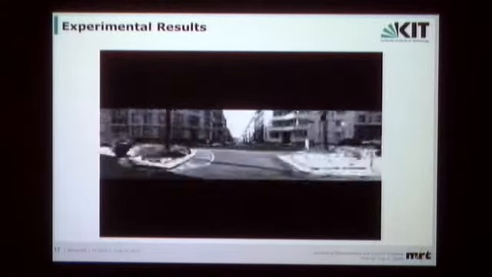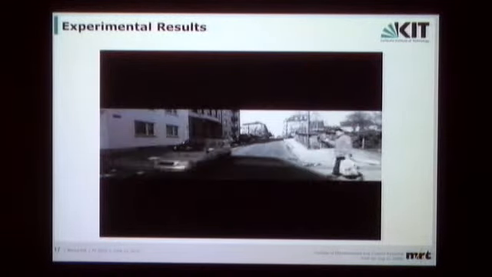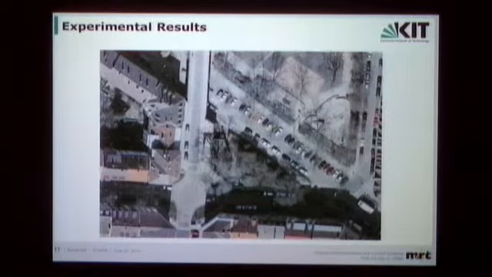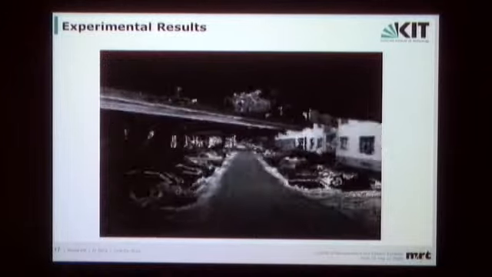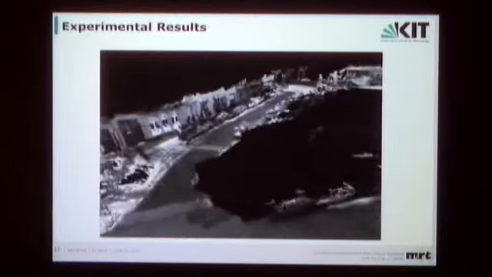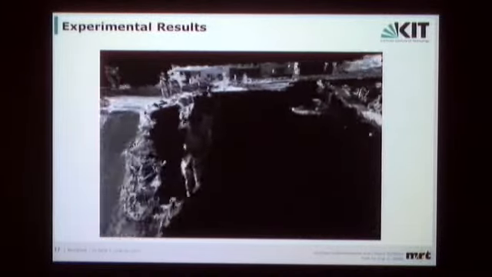So first it's gone under the bridge, and after a few turns it's going over the bridge. And here you can clearly see that in the reconstruction. And here, of course, the ego motion is entirely estimated from the image sequence.